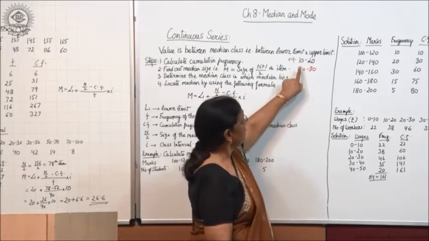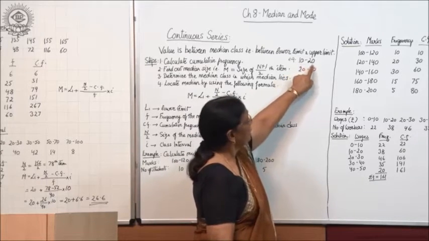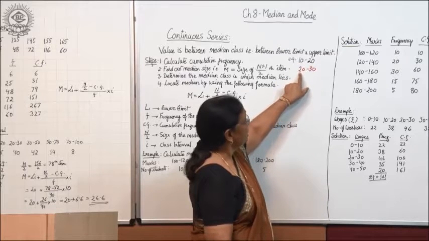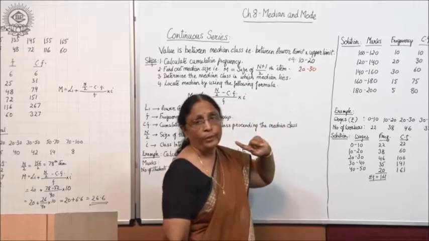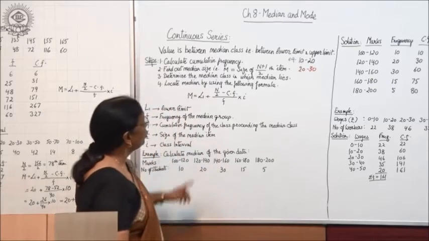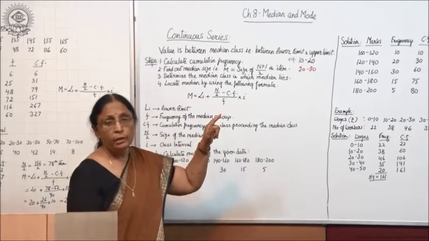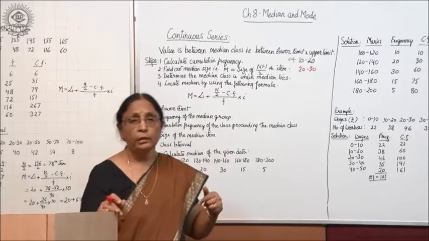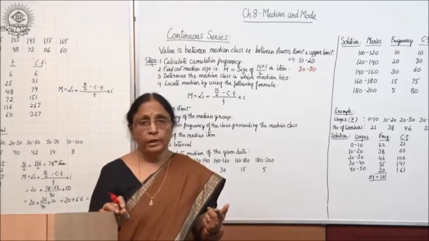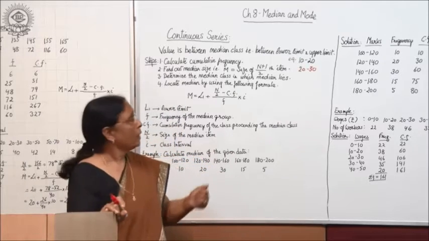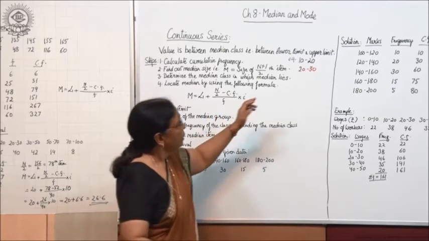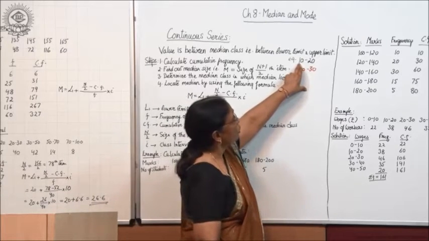You know that in this case 10 is the lower limit and this is the upper limit, and median is the value which lies between the lower limit and the upper limit.